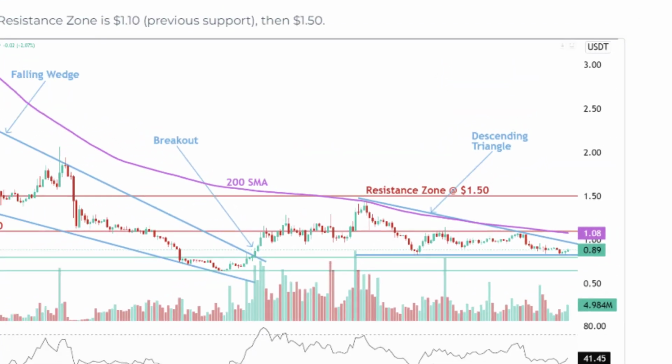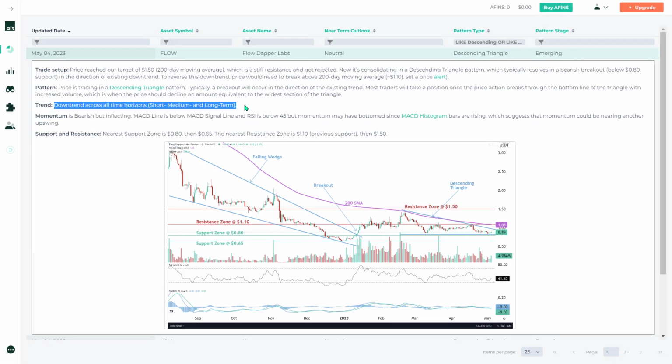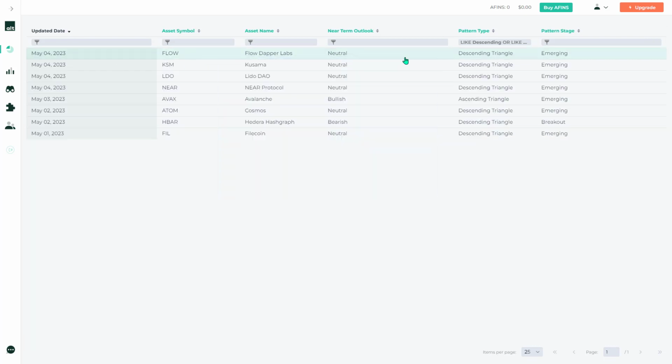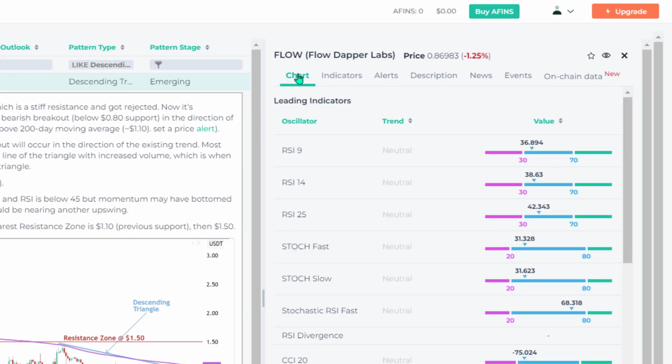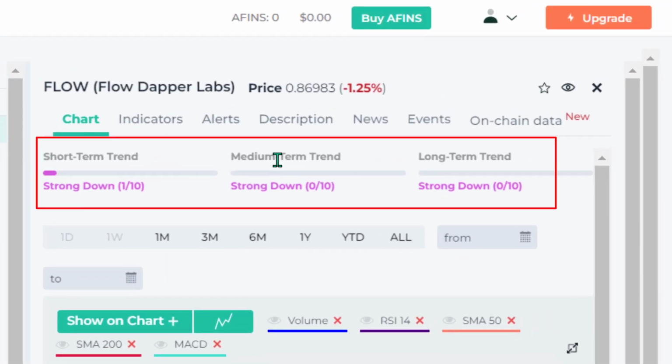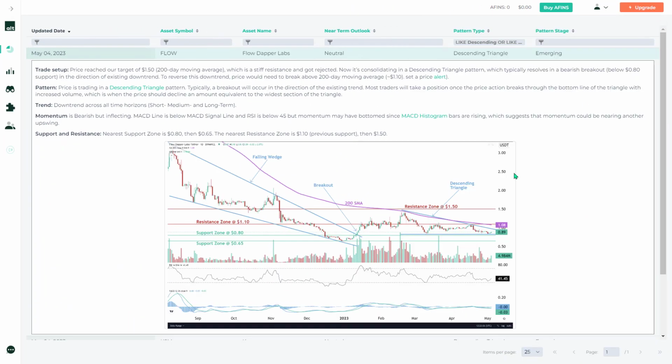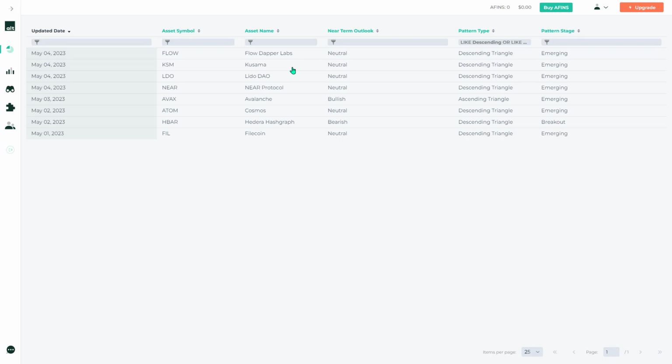In this case, the existing trend is downtrend across all time horizons. You can see that in the description of the trade setup, but you can also see that on our platform under the chart section right here on top. Short-term, medium, and long-term trends are down. So typically the price will break in the direction of the existing trend. But we don't necessarily expect that to happen, because sometimes it could have a bullish breakout, in which case we could see a nice trend reversal.